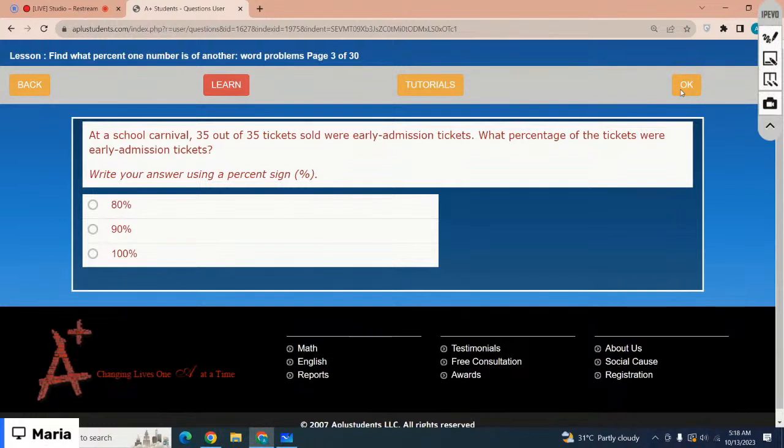That means all the tickets are early admission tickets. So that would be 100% of the tickets, right? The correct option is 100%.